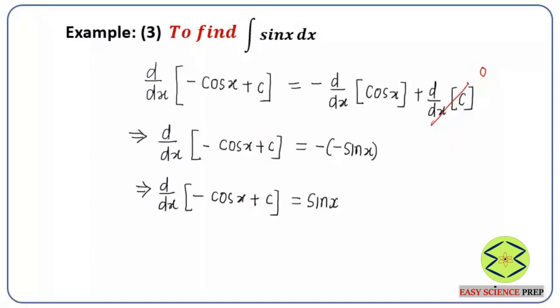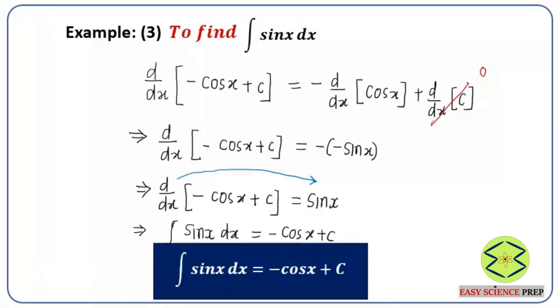Now as per the definition of integration, it is antiderivative, it is opposite to the derivative. So if you bring this derivative from here to here, this will become integration. So you shall be getting integration of sin x dx as minus cos x plus c. So we got integration of sin x dx as minus cos x plus c.